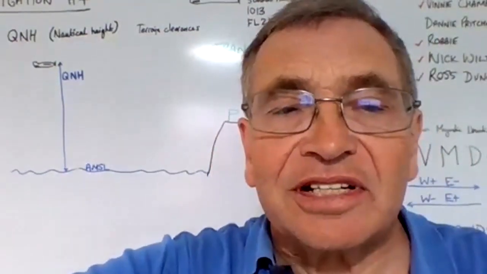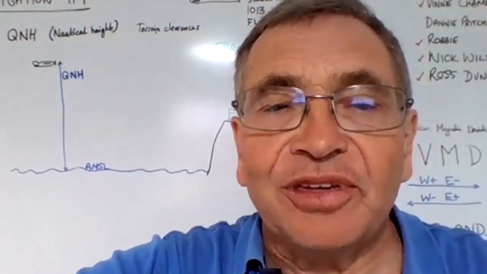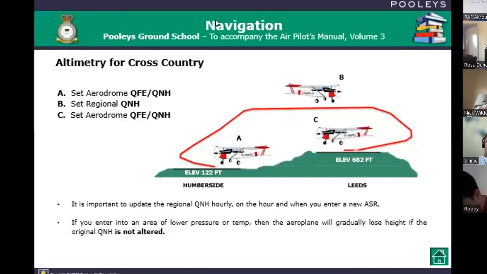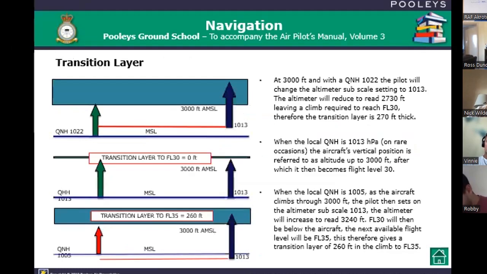I've got slide number 37 that shows me that, which I think is the next one after this one. So here we go. This is where it talks about the transition layer.